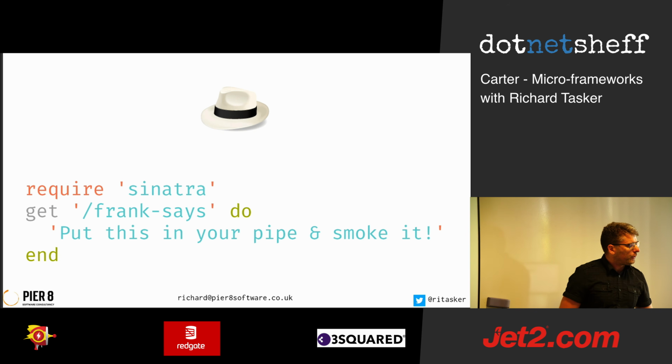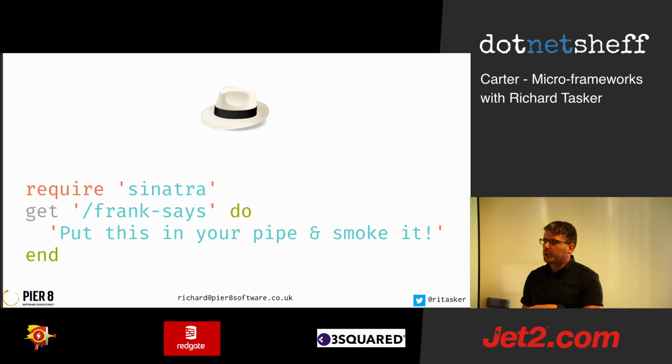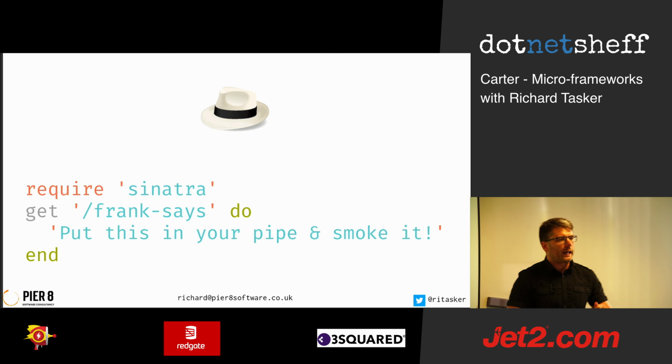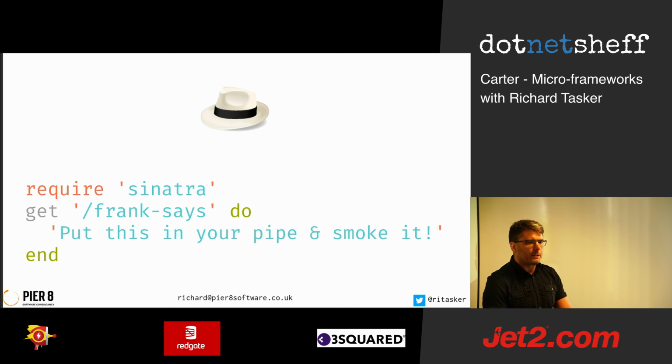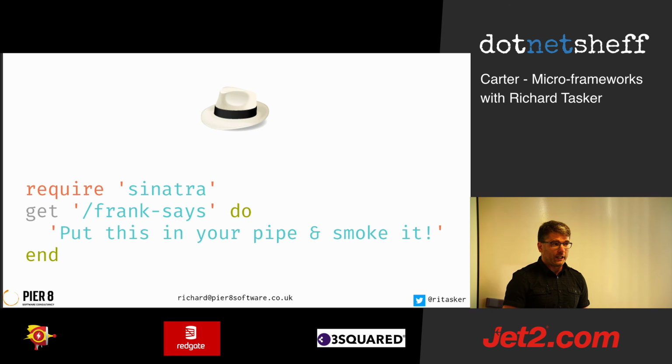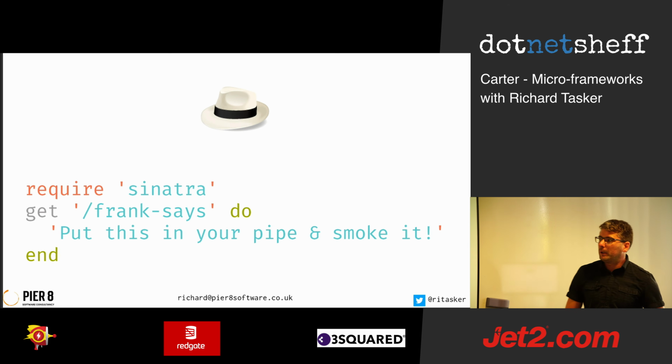But the emphasis around Sinatra was to be minimalist. You don't get ORMs built into it. You don't get some of the design patterns or principles that you get with a full framework. You don't even get a project structure unless you create it. It's that minimalist.